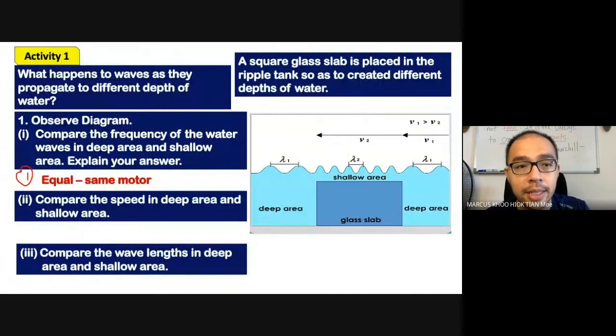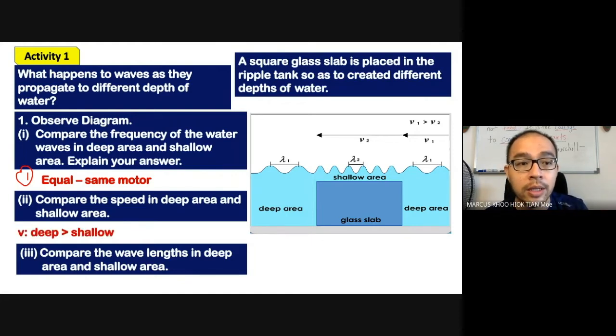Secondly, let's compare the speed in the deep area and in the shallow area. If you stand by the seaside, you can actually feel this. As the waves come nearer and nearer to the shore, the wave speed slows down.